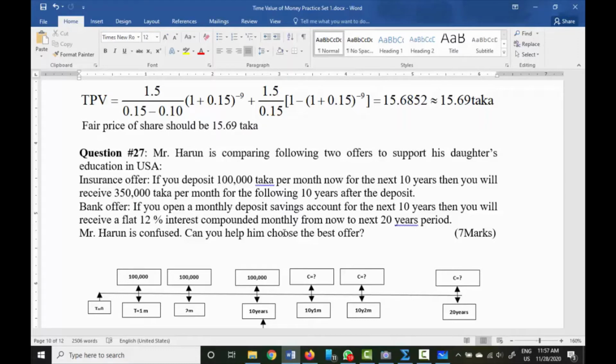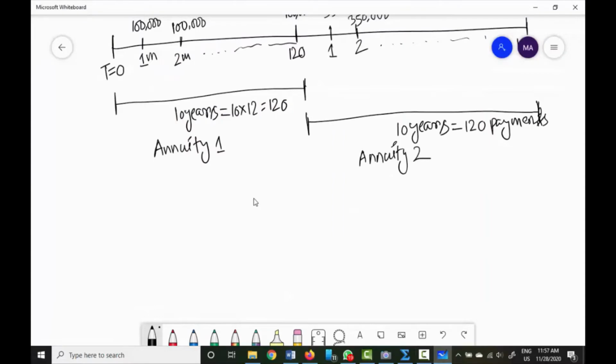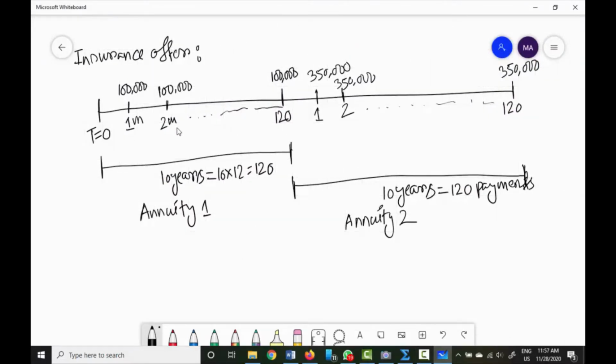If you want to compare the insurance offer with the bank offer, we will also consider that Mr. Harun will deposit the same 1 lakh taka at the end of every month.